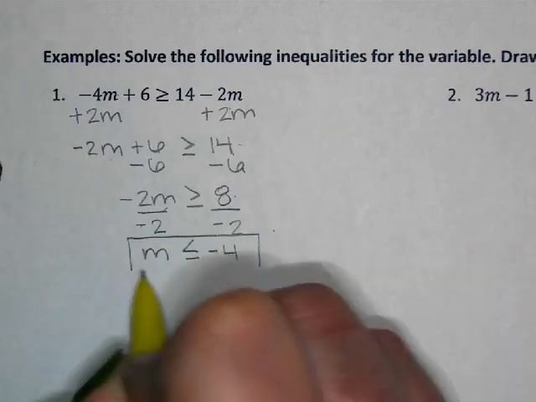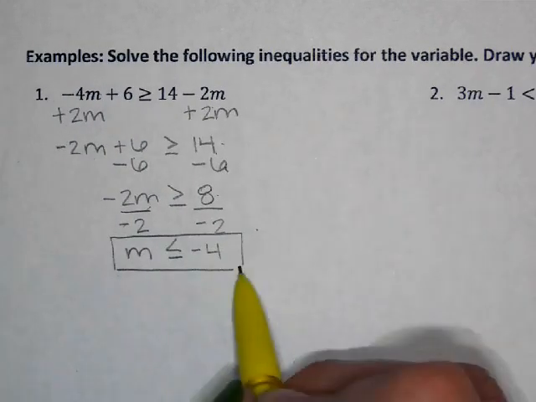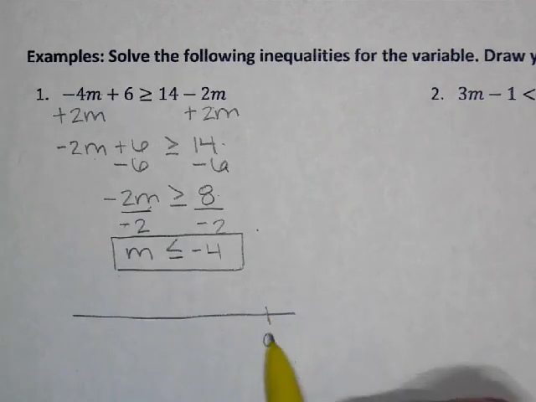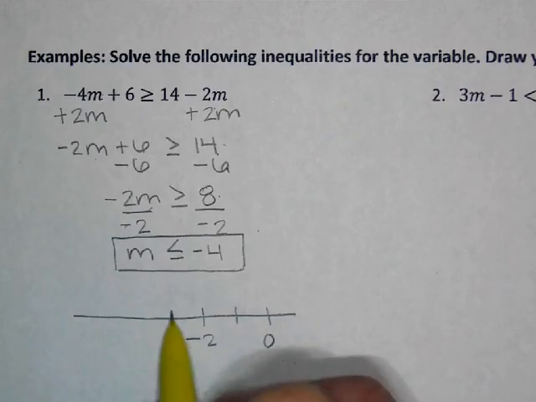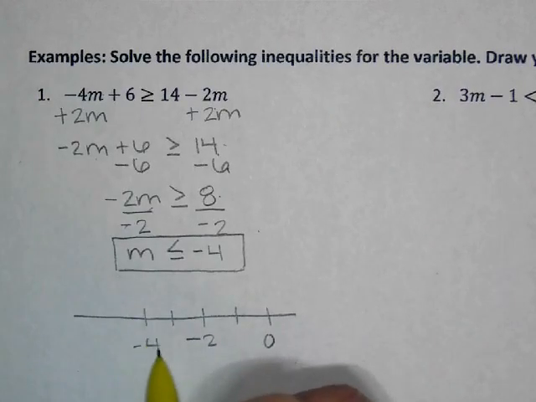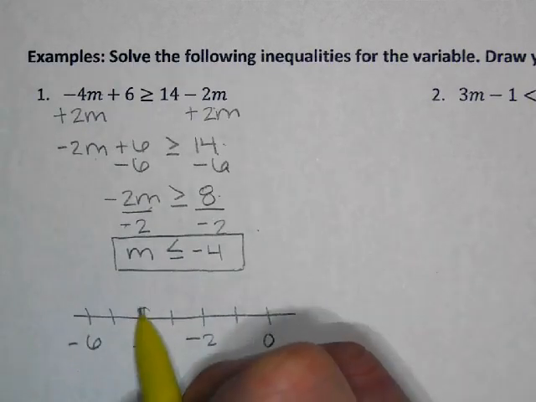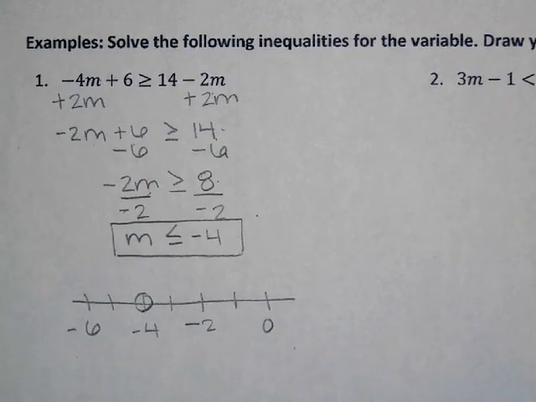And in the instructions, they ask me to draw the solution on a number line. So I'm going to say this is 0 over here, negative 1, negative 2, negative 3, negative 4. So I'm going to put a circle on negative 4. Should I fill in that circle or should I leave it open?